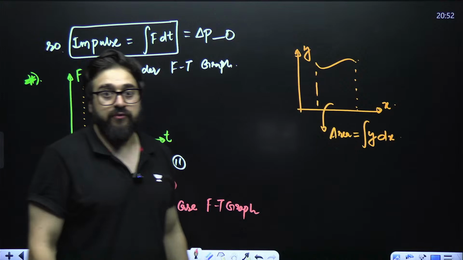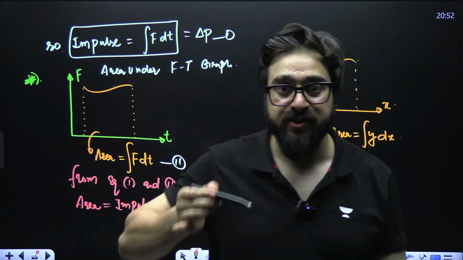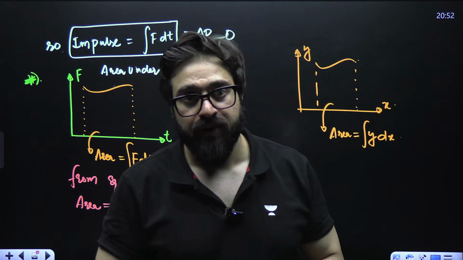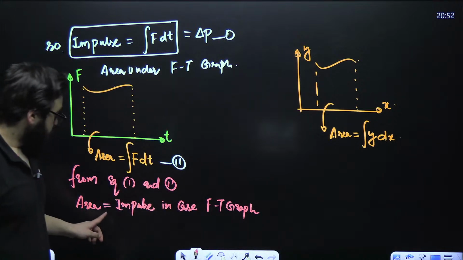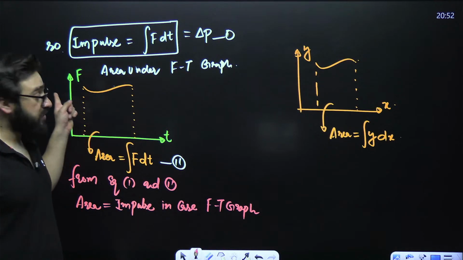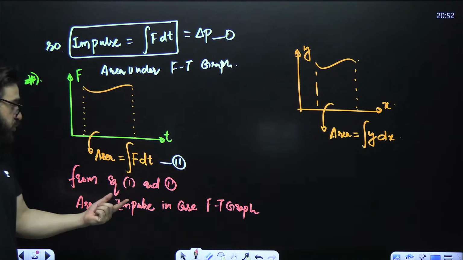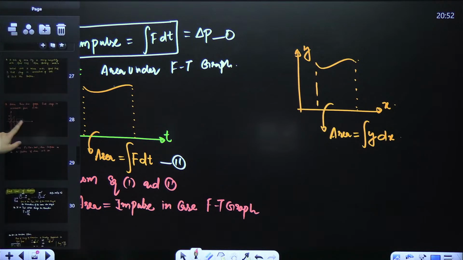Means from now onwards, if we have a question in which force versus time graph is given and they ask us to find the impulse, what will we find? Area. Let me show you the question.